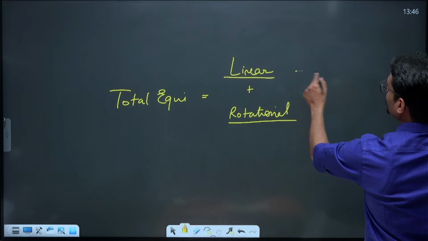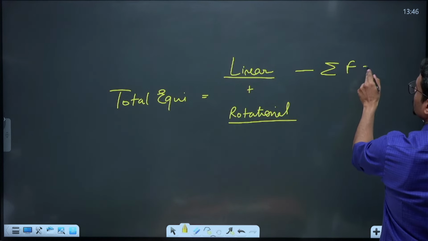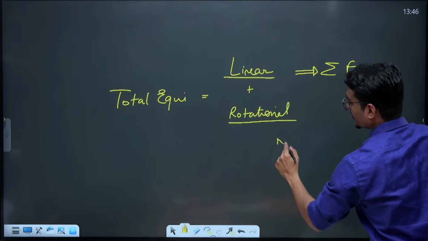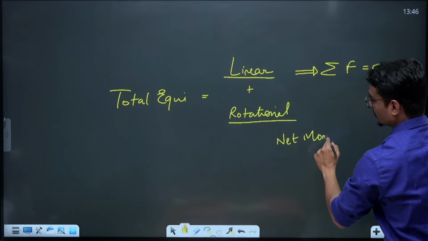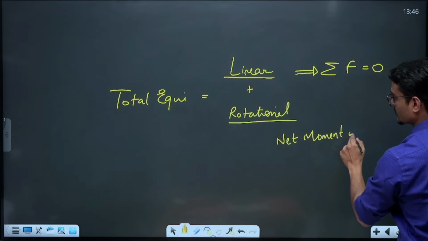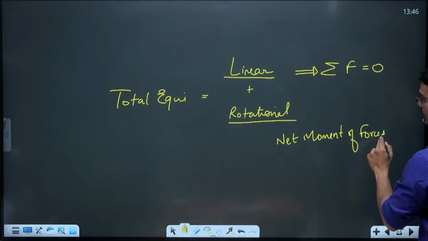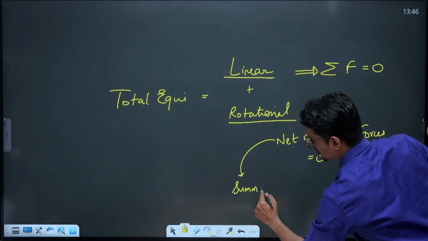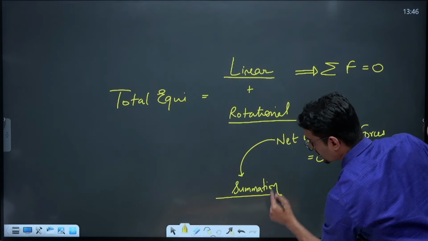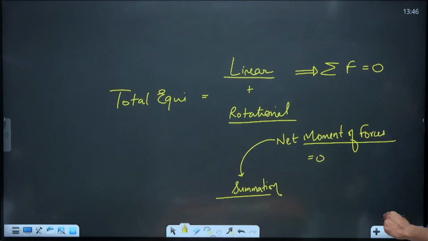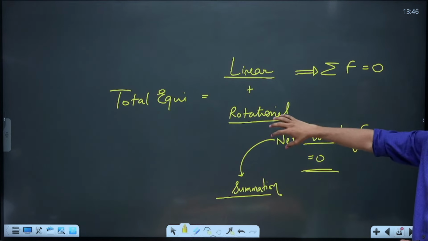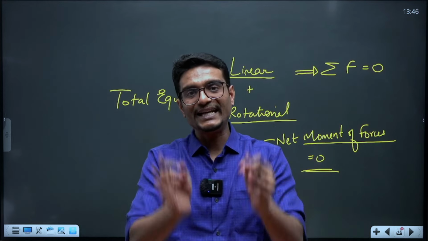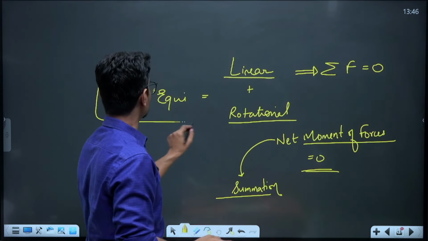For linear equilibrium, the summation of forces must be 0, and for rotational equilibrium, the net moment of forces, that is the summation of moments of forces, must be 0. If both conditions are there, then only the body is in complete, total equilibrium.